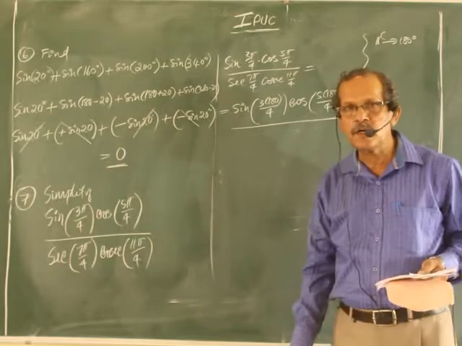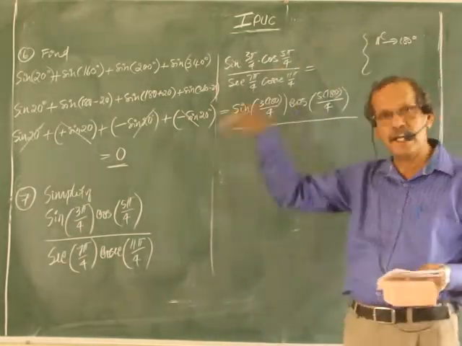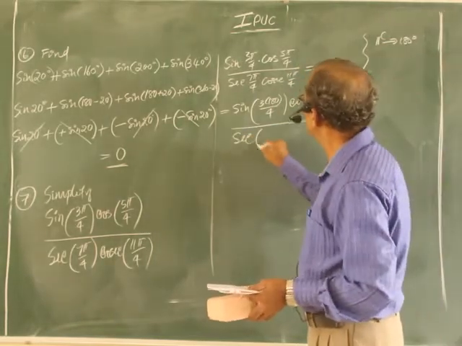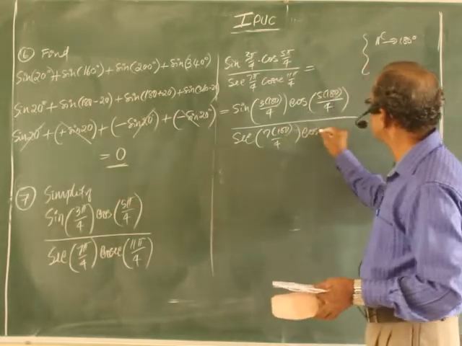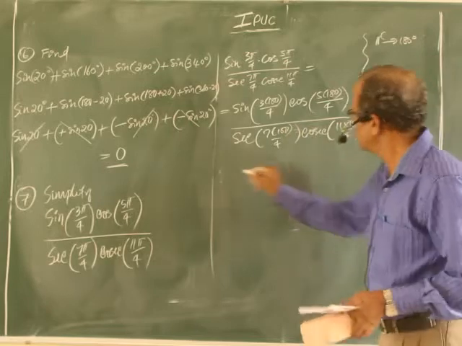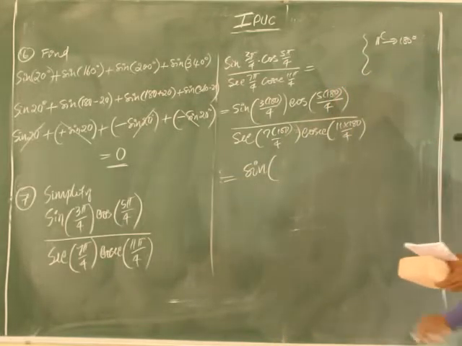Don't write pi equal to 3.142 like that, because you are converting radian into degree. This is the formula. Secant 7 into 180 divided by 4, cosecant 11 into 180 divided by 4. Tell me what is the simplified form.